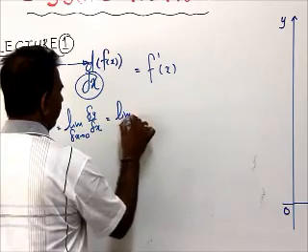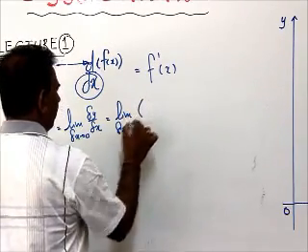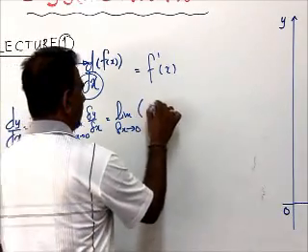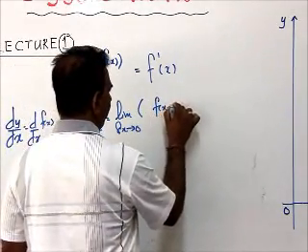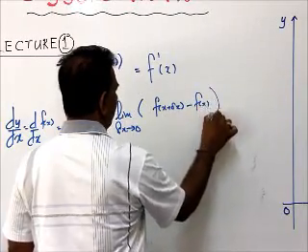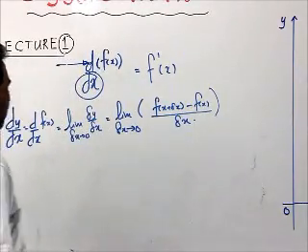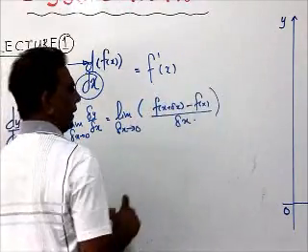So limit of delta x tends to 0, f of x plus delta x minus f of x over delta x. So this is called f dash x.